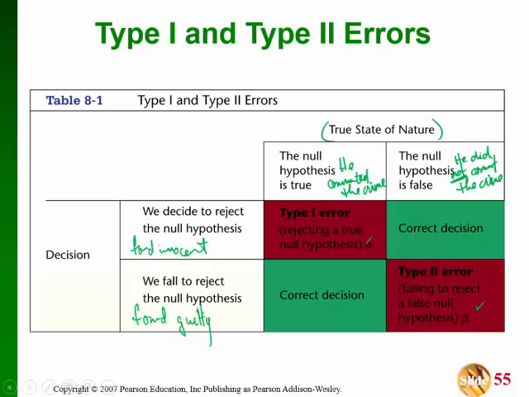So you can think about the type 1 and type 2 errors in this scenario, where there's a reality of things that we may never know, and then there's a decision made by something. In our case, the decision was made by the statistics through the hypothesis test.